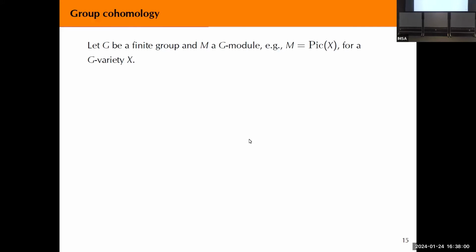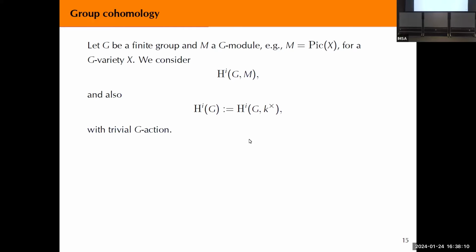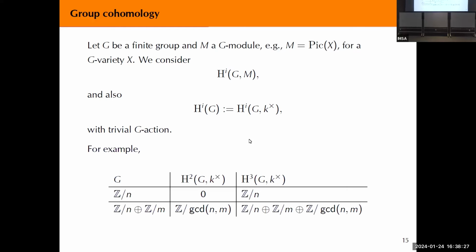All right, so some group cohomology. G is a finite group, M a G-module, and in applications it's going to be the Picard group of a projective variety, and we'll consider group cohomology with coefficients in M, in particular with coefficients in K star, where K is our ground field, and I'll omit these coefficients with trivial G action. So here is a small table computing group cohomology in the simplest cases when the group is cyclic.